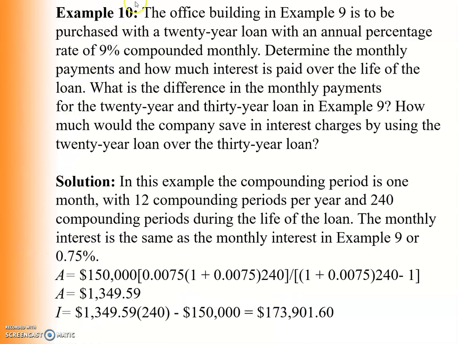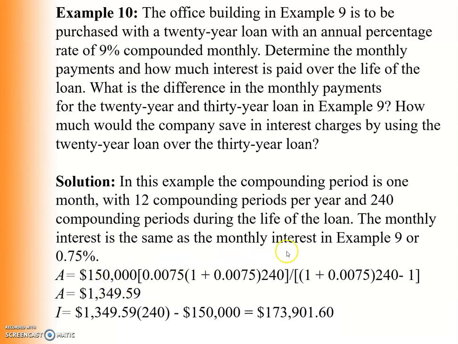Comparing example 9 and example 10, about a 12% increase in the monthly payments results in about a 33% decrease in the length of the loan and a 39% decrease in the total interest paid over the life of the loan.